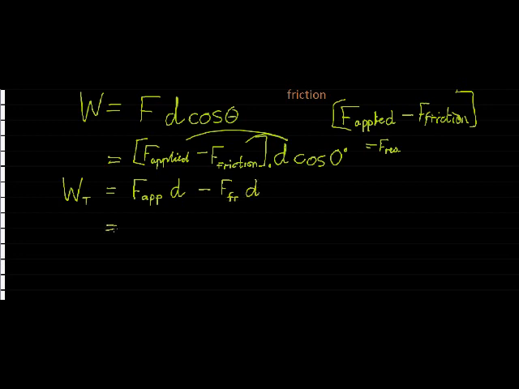So this is the total work done. In other words, the total work done is the work done by the applied force minus the work done by the frictional force, and that gives me my total work done.